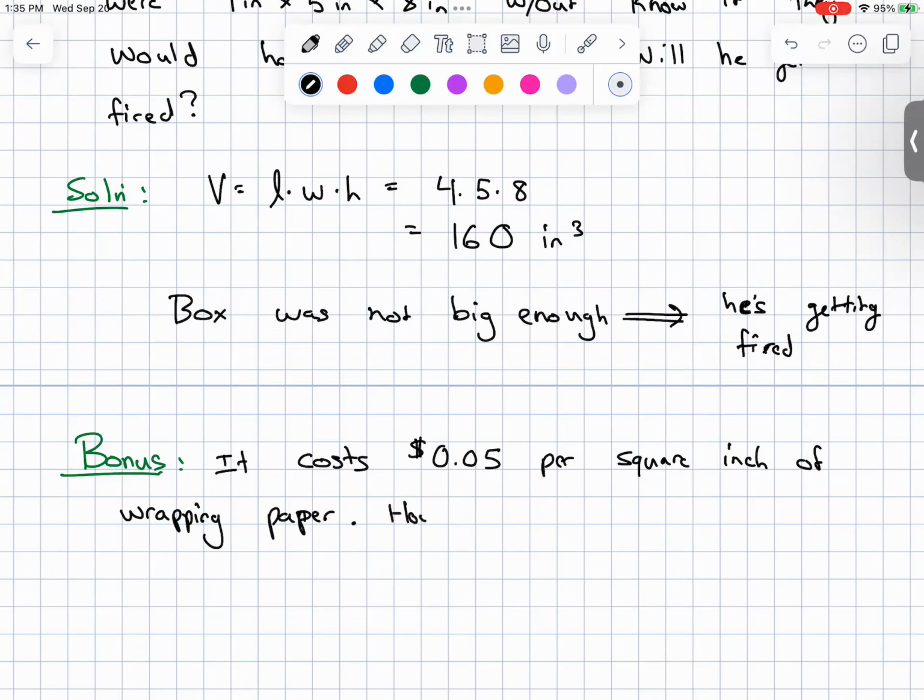How much will each box cost in wrapping paper? That doesn't make any sense the way that's worded. How much will it cost in wrapping paper expenses?